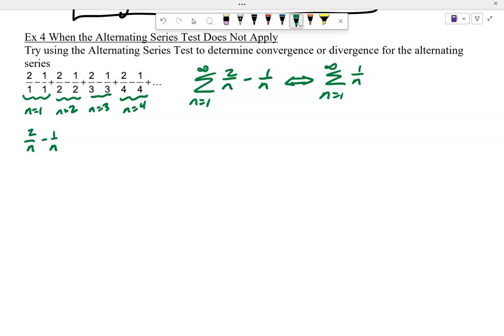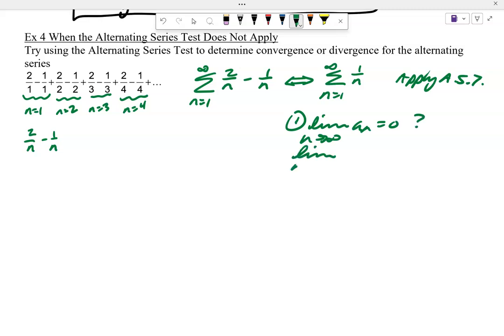So let's apply the alternating series test on this. So number 1, the limit as n goes to infinity of a sub n equals 0. Yes, that's true.